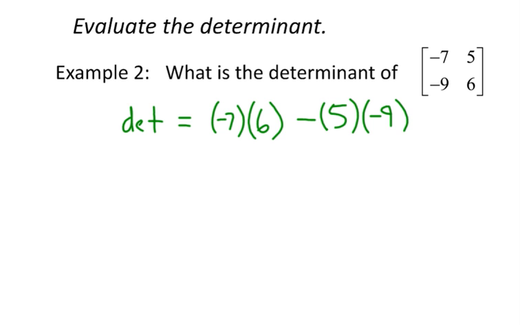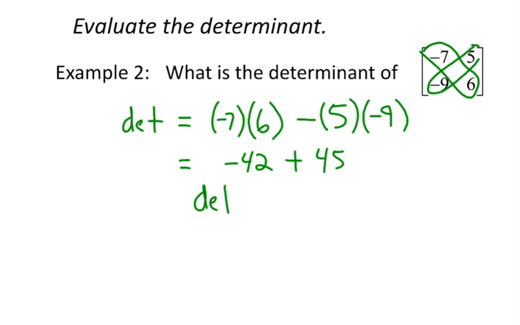Remember, it's always the upper left times the lower right minus the upper right times the lower left. So negative 7 times 6 is negative 42 plus 45. Be careful, you have a negative times a negative. So the determinant of this is equal to 3.